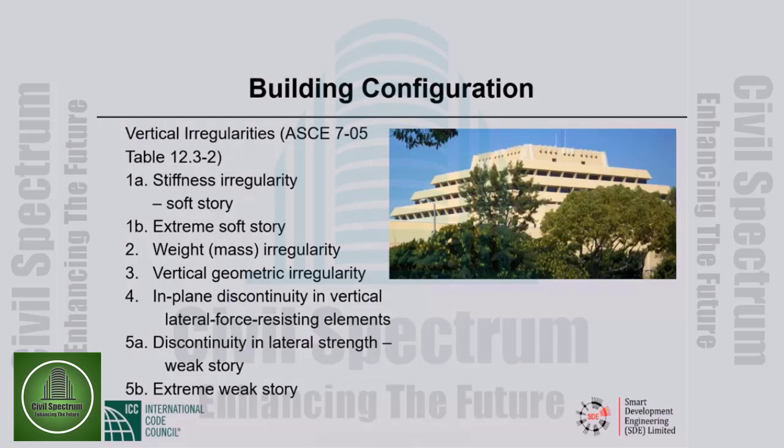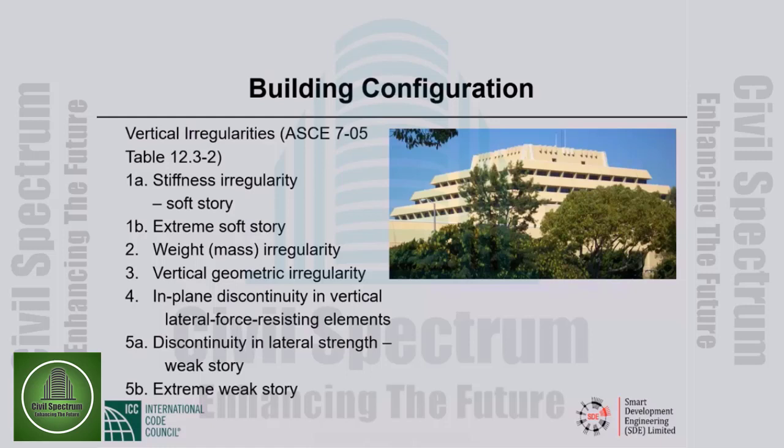Vertical irregularities, this is another table 12.3-2 of ASC 7-05. There are also 5 categories. Stiffness irregularity, also called soft story irregularity. Weight or mass irregularity. Vertical geometric irregularity. In-plane discontinuity.